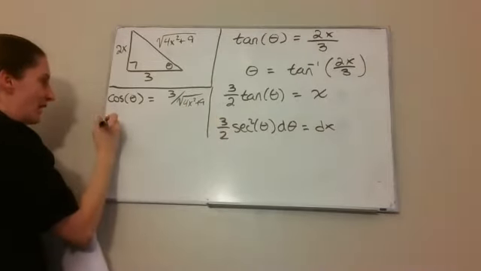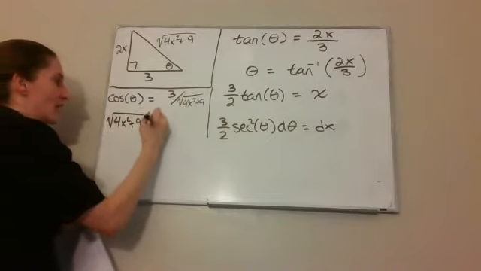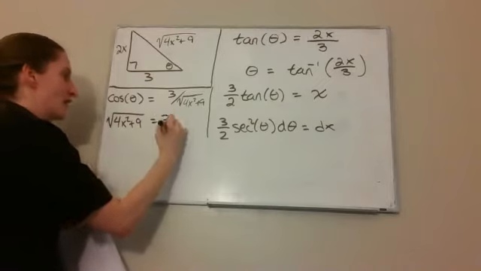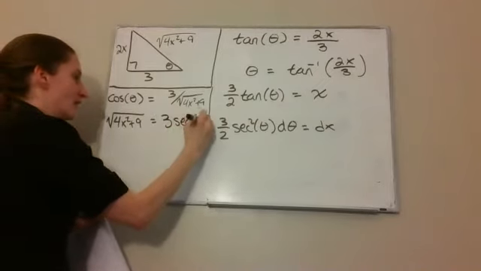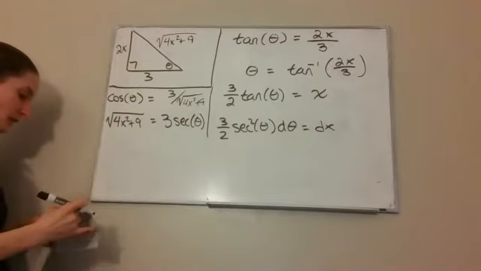And that means that my square root of 4x squared plus 9 would be equal to 3 divided by cosine of theta, which is 3 secant of theta. And now we're almost set.